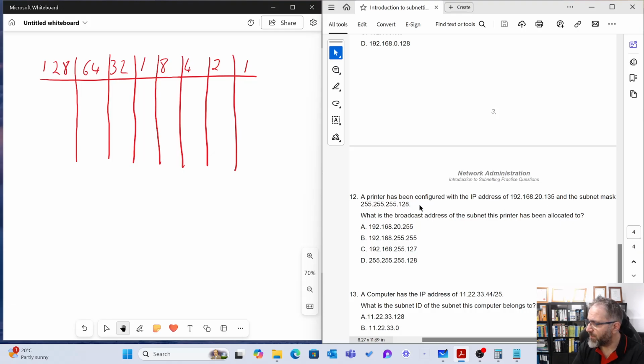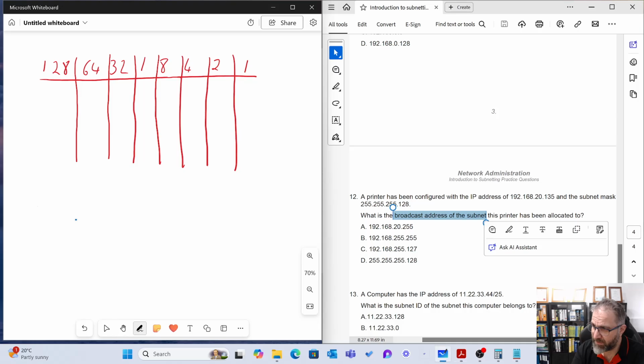So it's the same subnet mask, same IP address. What's the broadcast address? So remember, we found out what the subnet ID is. 192.168.128. That's the subnet ID. And what's the broadcast address?